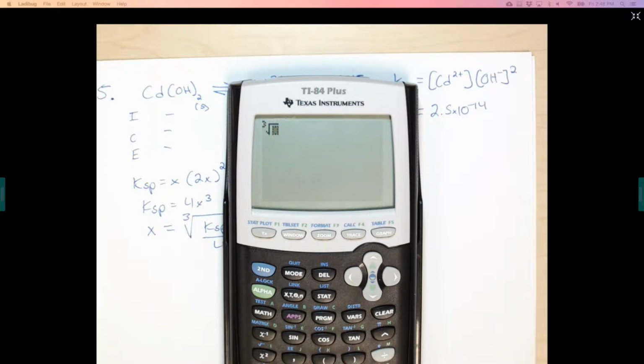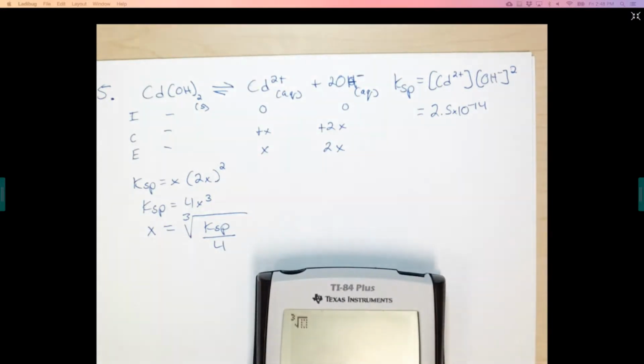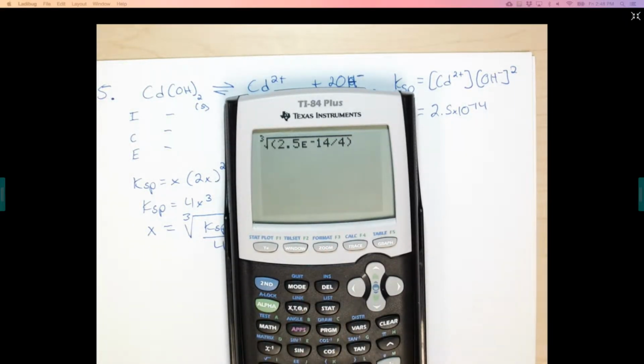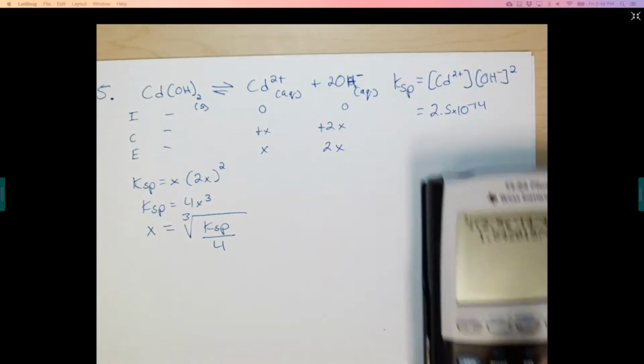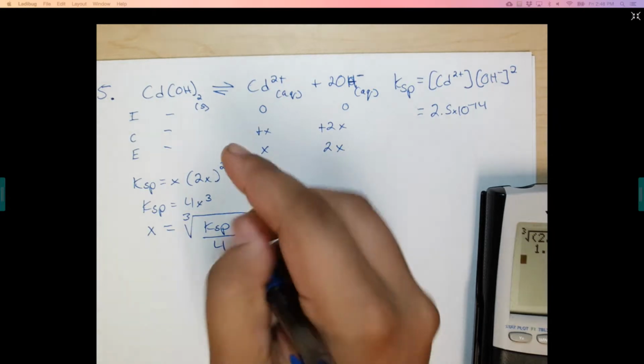So 3 cube root, and then if we plug in our Ksp, 2.5 times 10 to the negative 14 divided by 4, and I would always suggest placing parentheses, then we end up with 1.8 times 10 to the negative 5, right? 1.8 times 10 to the negative 5.